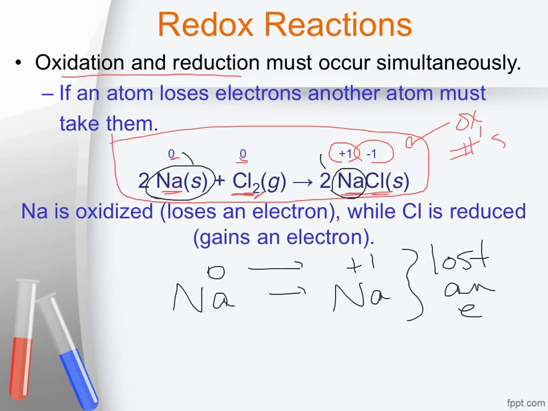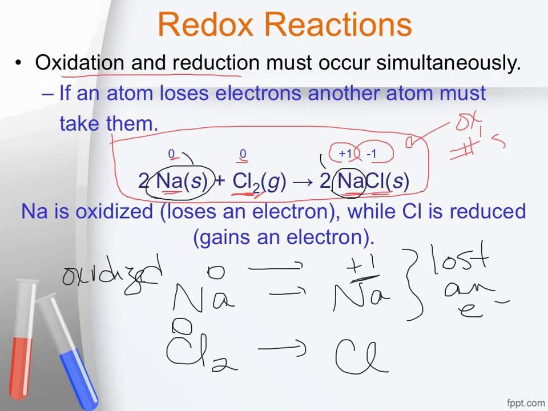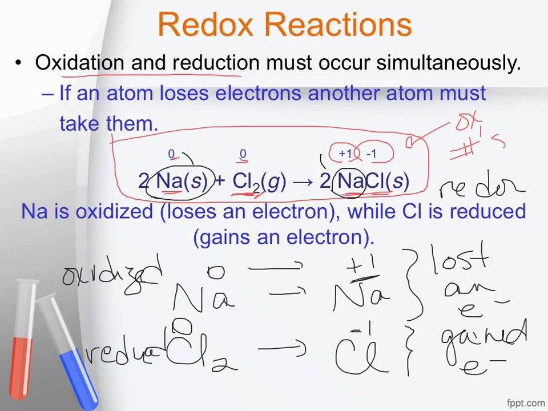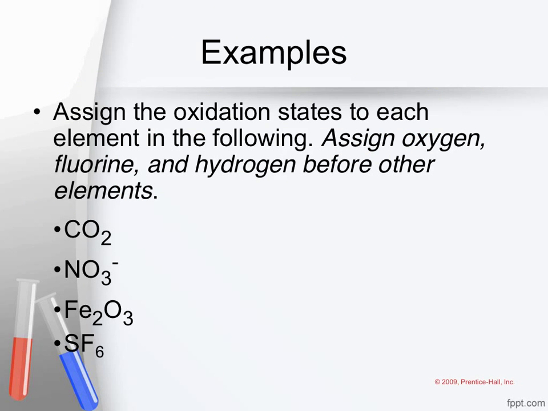Remember, electrons have a negative charge, so in order to get positive, it's got to lose an electron. If it loses an electron, it's been oxidized. Okay, chlorine goes from an oxidation number of 0 to an oxidation number of -1. So it has gained an electron, and so it has been reduced. So this is in fact a redox reaction, and that's how you go about determining if reactions are.